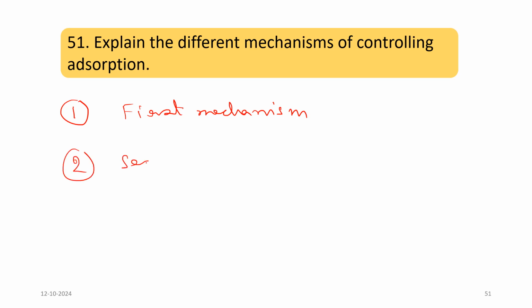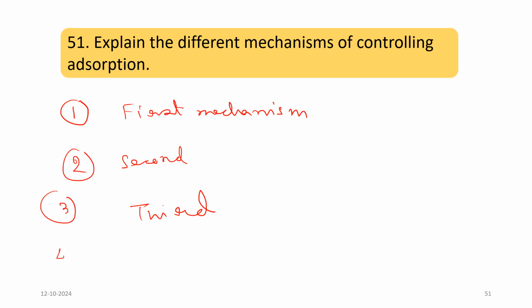The second mechanism is called film diffusion. It involves the slow movement of solutes from the boundary layer to the adsorbent surface. In the third mechanism, when the solutes reach the surface of the adsorbent, they move into the pores of the adsorbent.